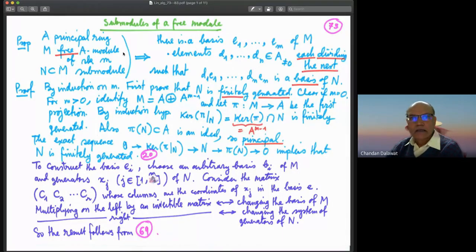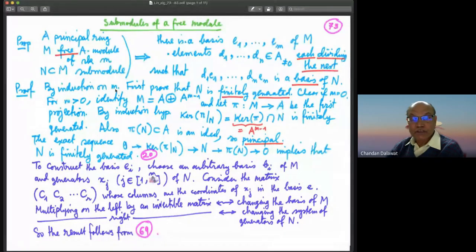Okay. So not only is it a free module, there's a basis of M such that some appropriate multiples of those basis elements are a basis of N, right?